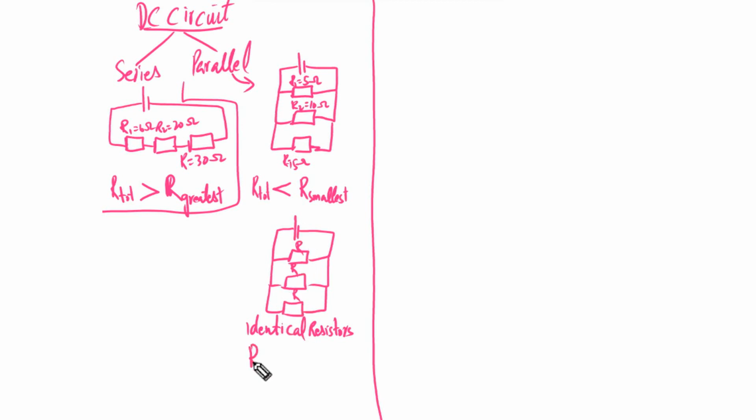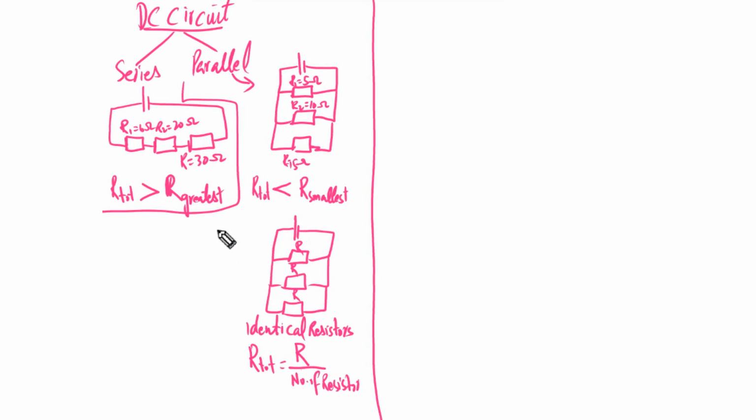In this case, for R total, you no need to do a lot of mathematics. Simply take the resistance of one resistor and divide by the number of resistors. If you do this, you will find the total resistance. But the condition is that these resistors must be identical. This is the important point, and you have to be very clear about this.